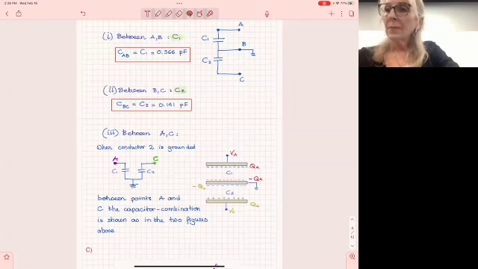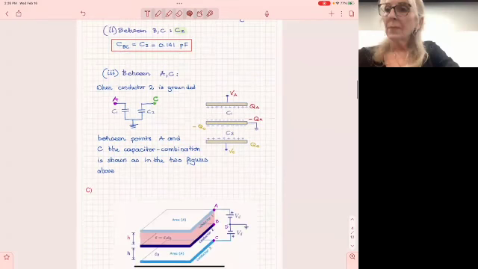That was the one that drove a lot of people crazy, the question. Because, why is that? What is the capacitance between A and C?